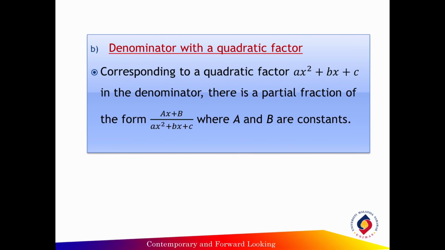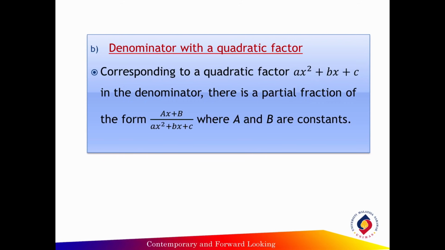So we will apply this information. As our denominator is a quadratic factor, we know that a quadratic means we have a polynomial of degree 2, right? And in order to make this still a proper fraction, for the numerator part, we will use a polynomial of degree 1, which is linear.